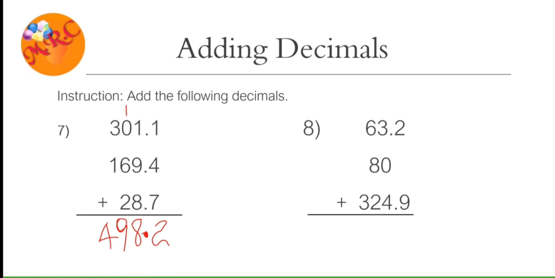So number 8, I want you to pay attention to this aspect here, the 80. You realize it does have a decimal aspect, right? So what we're going to do is put our decimal point, keeping it aligned, and then we're going to add a 0 here as a placeholder. Great. Now let's get to the addition. So it's going to be 9 plus our 0 plus 2, which is 11. Write down our 1 there, bring the other one over there. And then it is going to be our 4 plus 3, which is 7, plus 1, which is 8.